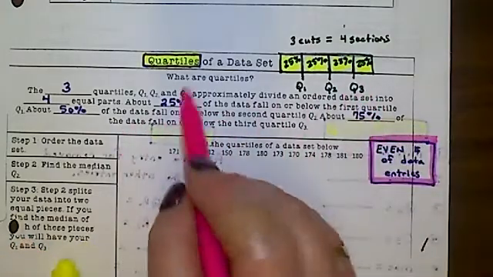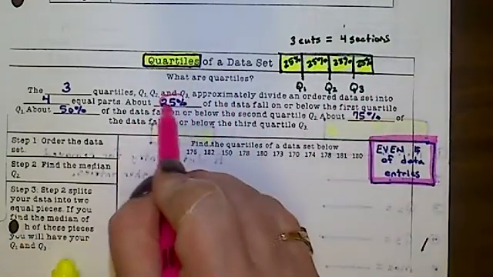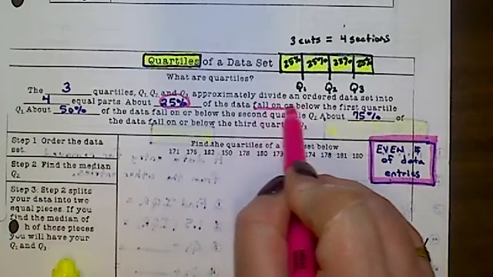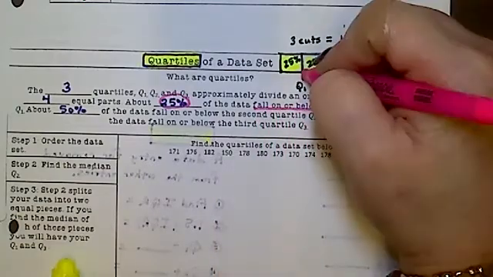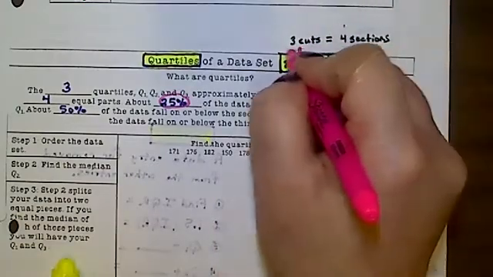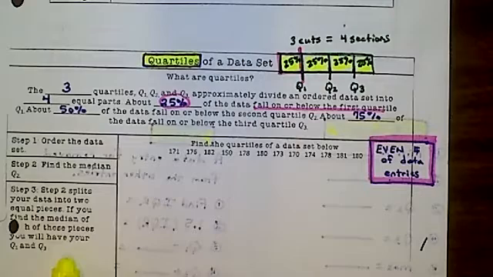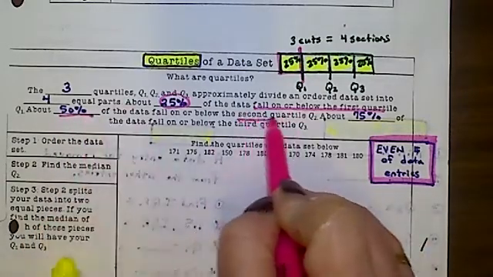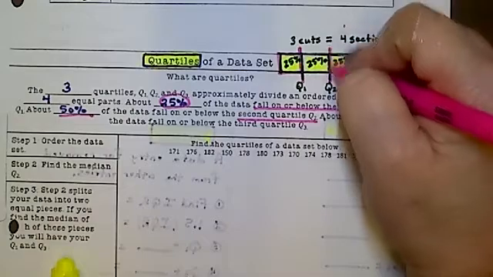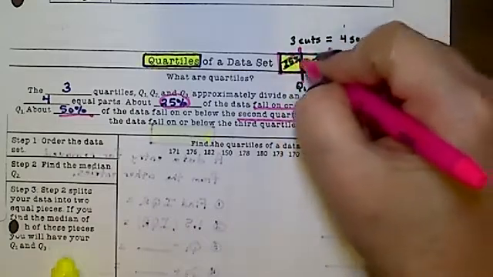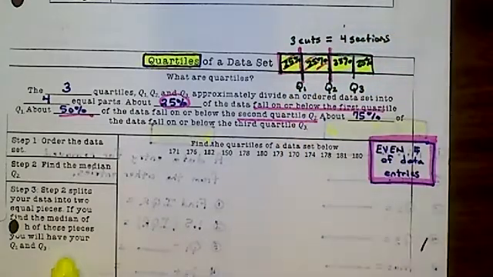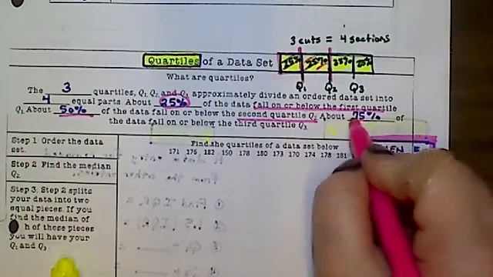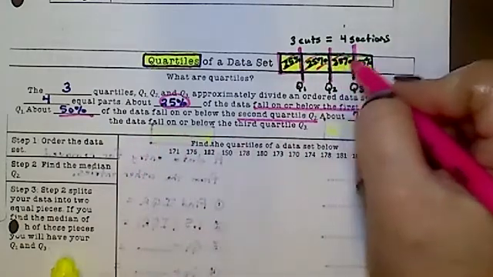Okay, if you look, 25% falls on or below the first quartile. So that would be my 25%. 50% below the second quartile. If I look at all that now, I have 50% of the data, and 75% below the third quartile.